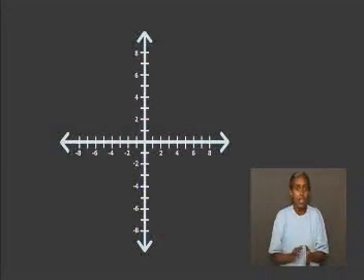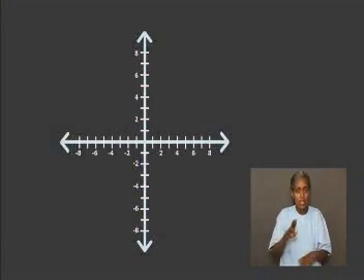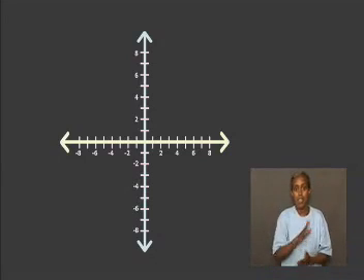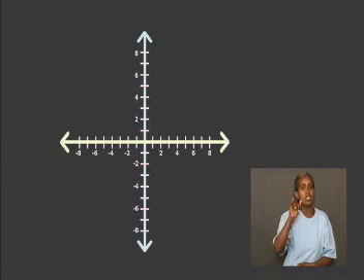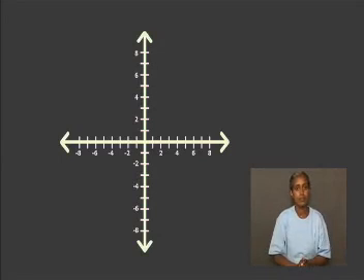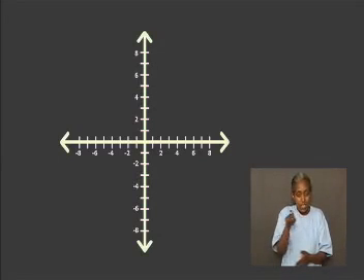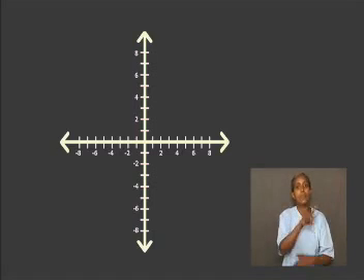Hello, students. Were you able to remember how to plot points on a coordinate plane? Let us review the answers together. A coordinate plane has a horizontal line called the x-axis and a vertical line called the y-axis. Each of these axes is similar to a number line.